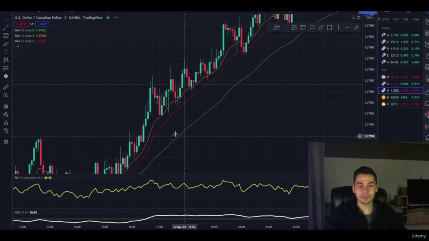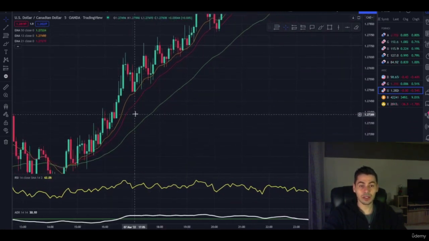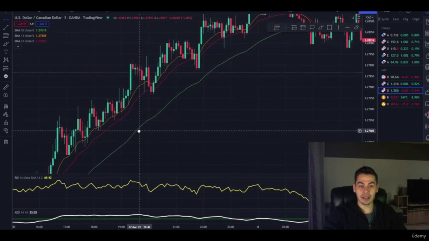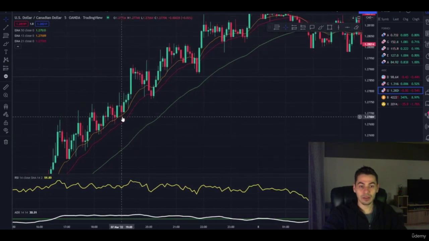As you can see, this strategy works pretty well in trending markets. You can spot numerous divergences in this case. Let's take a look at this one, which is quite nice actually. Again, ADX agrees with us, so we can look for trades.